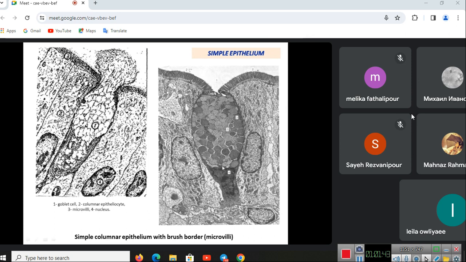And Golgi complex also makes vesicles with this content, and these vesicles fill most of the cell. So here are the secretory granules or vesicles filled with mucus, ready to be excreted from the cell when it is needed.